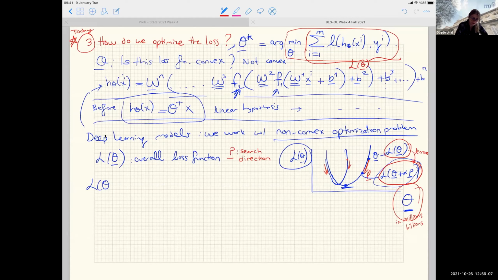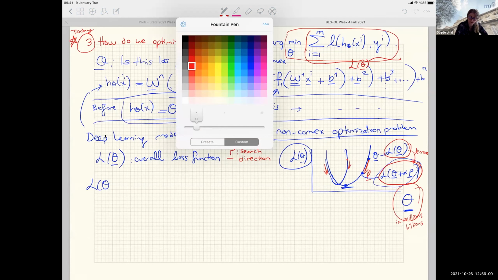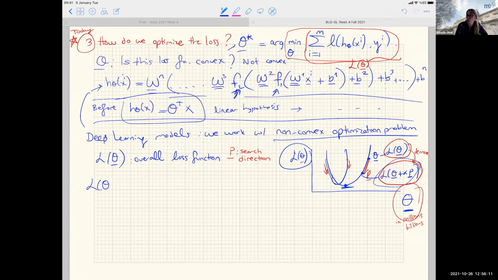We want a decrease in the value of the loss function. So I can, for instance, try to do a gradient, or no, first let's do a Taylor series expansion. First, let's see where things come from. Don't memorize it. Let me write this as L theta plus P times the gradient of L theta, right?